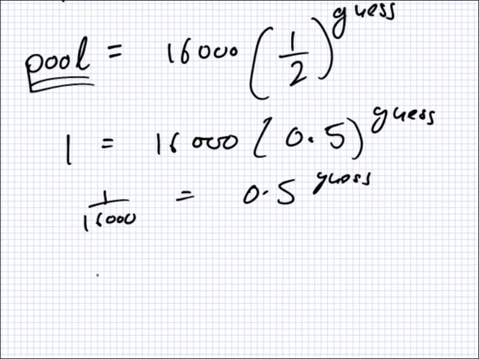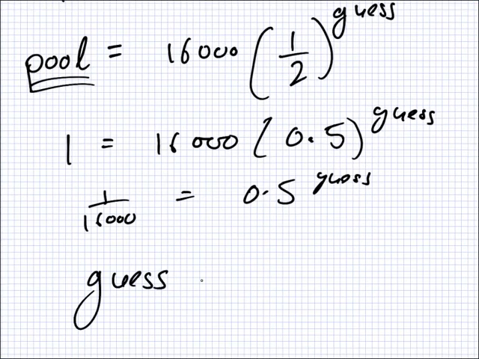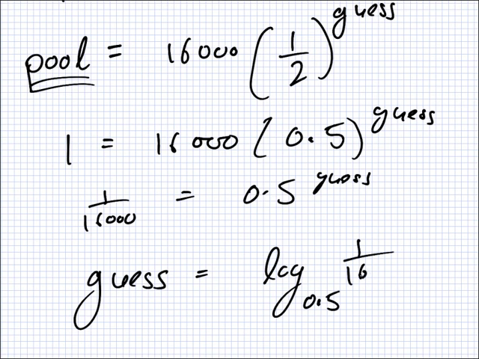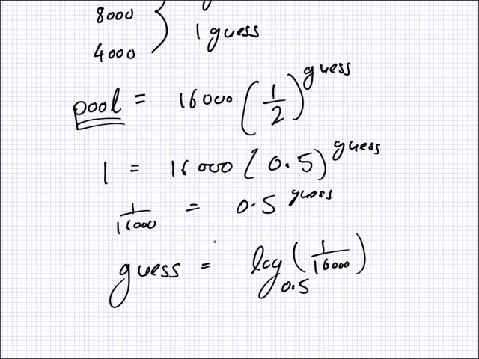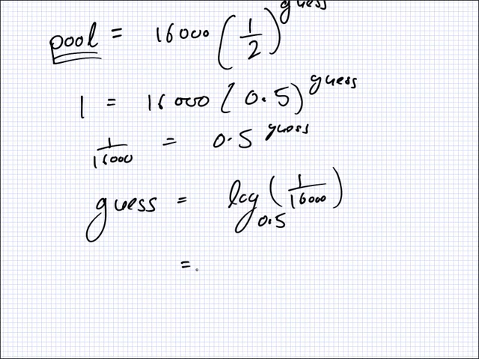You can use log. You can say the guess is log base 0.5 of 1 over 16,000. Does your calculator do that? What do we get here? 13.96. Yeah, which is 14.